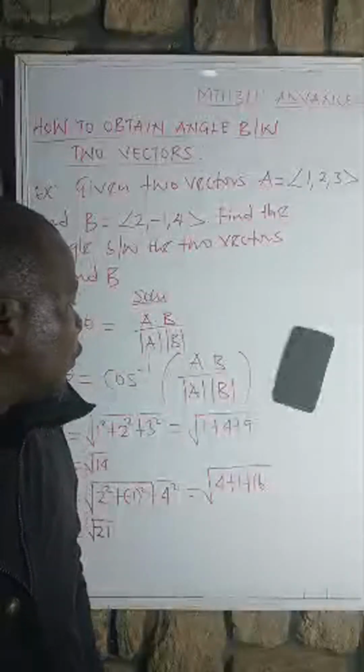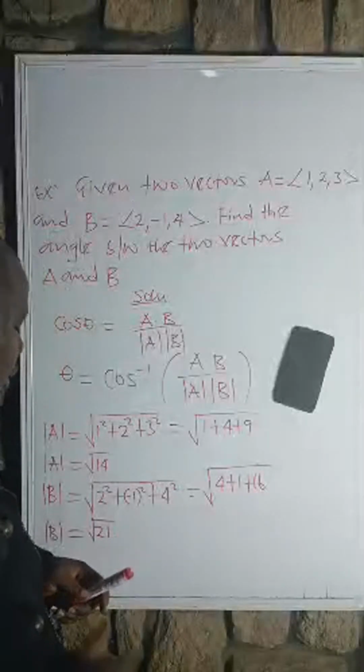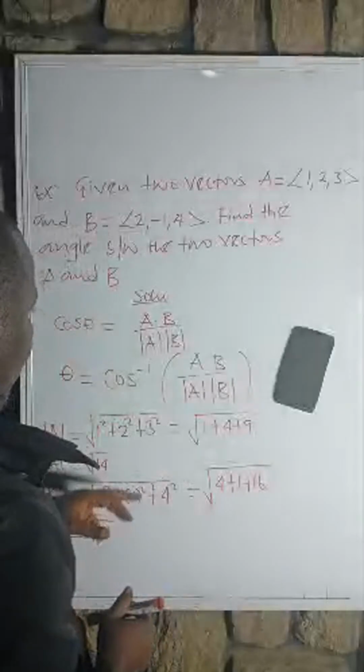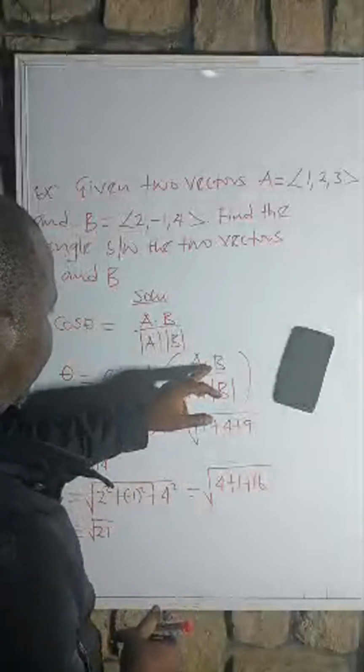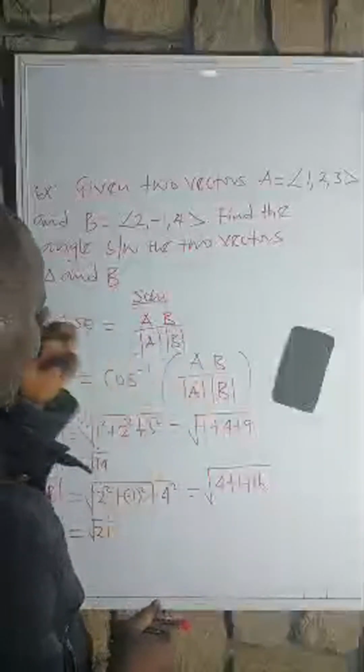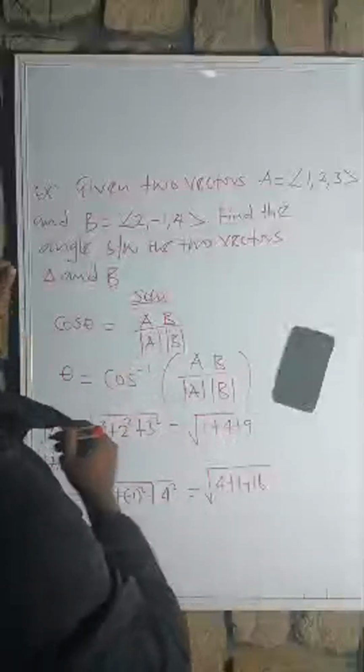So as you can see now, let us consider this. We are going to apply dot product, so it means that is scalar.